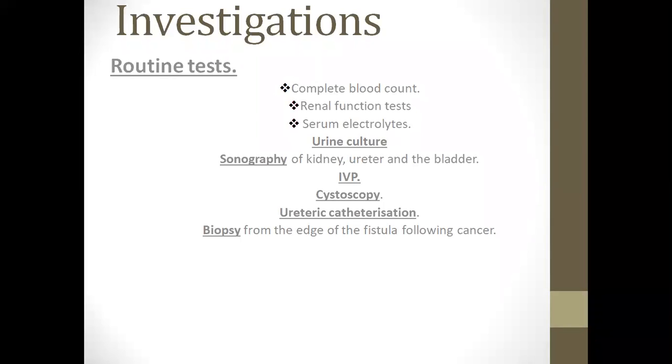The investigations are routine tests: complete blood count, renal function tests, serum electrolytes, urine culture, sonography of the kidney, ureter and bladder, and intravenous pyelography. Then cystoscopy and ureteric catheterization, biopsy from the edge of the fistula following cancer.